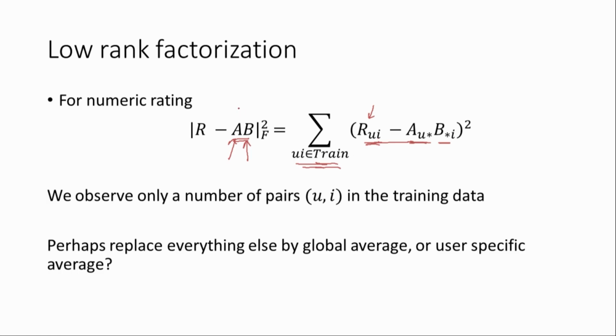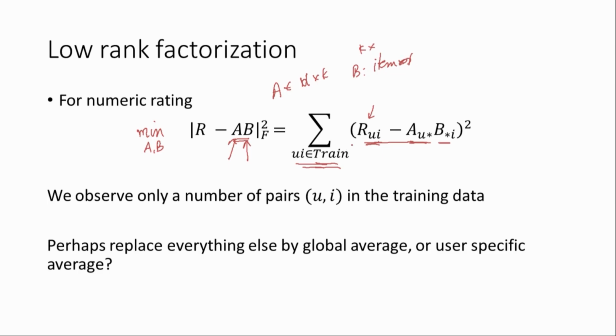And I'll try to find the A and the B so as to minimize this error, right? So A will be of size user by K, and B will be K by item.